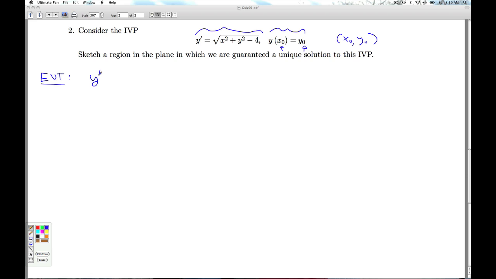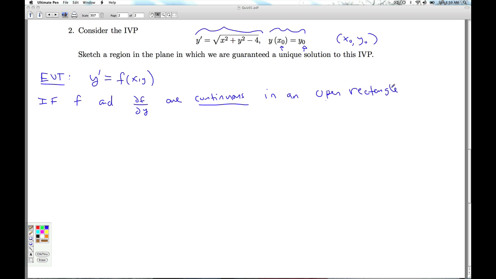To apply that, you need to get the differential equation in this normal form, y prime equals f of x y, and if f and its partial derivative with respect to y are continuous in an open rectangle containing the point x naught, y naught, then we are guaranteed a unique solution to the initial value problem.